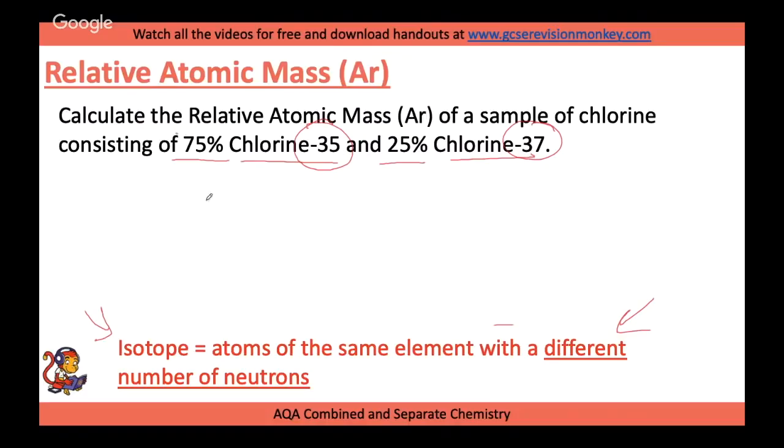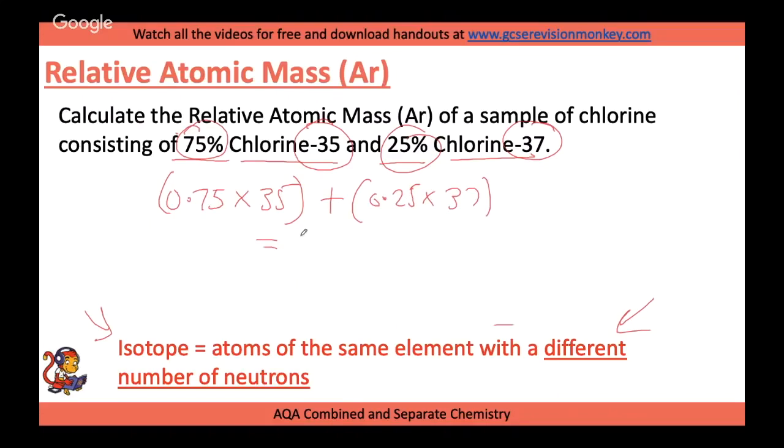So what we do to calculate the relative atomic mass is we take 75%, which we'll write as 0.75, multiply that by 35, and just add that to 25%, or 0.25, times by 37.